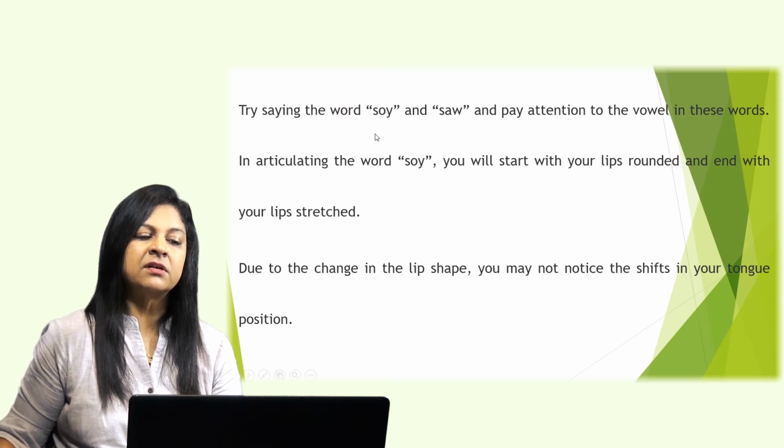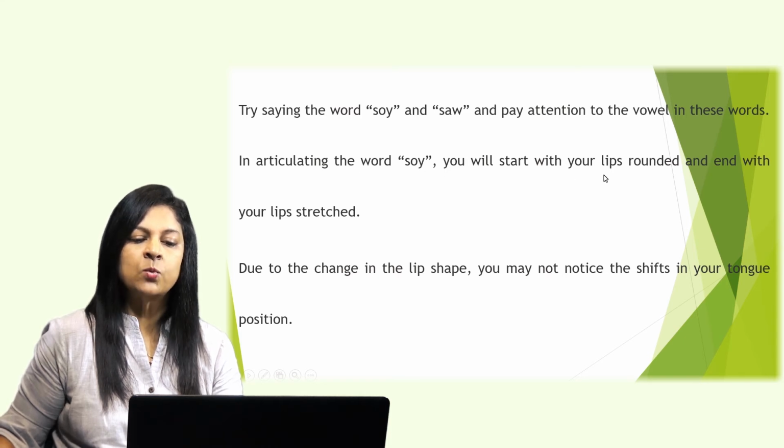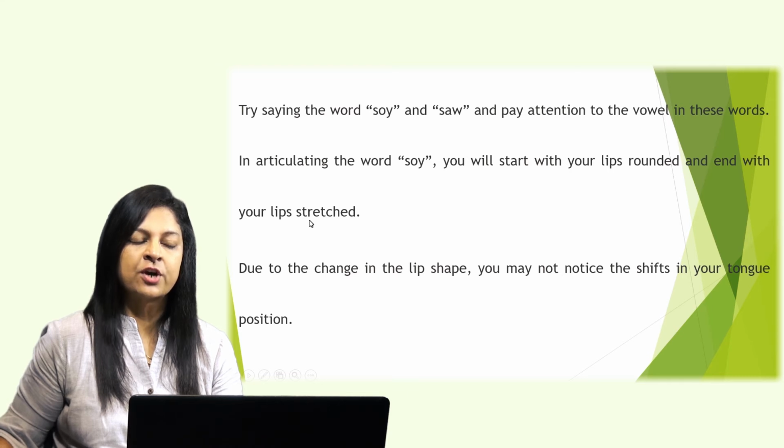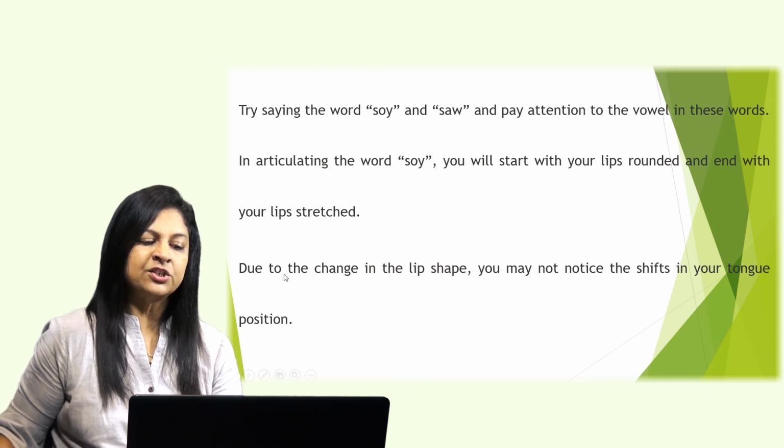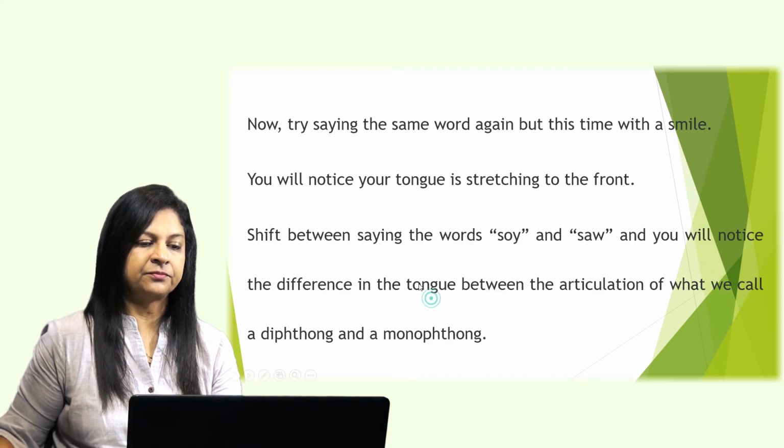Try saying the words soy and so and pay attention to the vowels in these words. In the articulation of the word soy, you will start with your lips rounded and end with your lips stretched. Due to the change in the lip shape, you may not notice the shift in your tongue position.